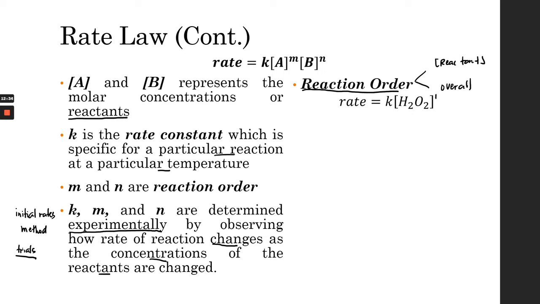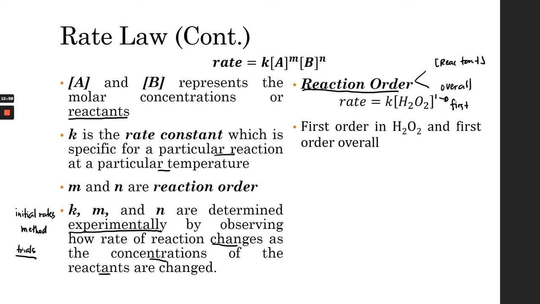Remember, any number that is raised to 1 is equal to that same number. So rate equals some constant K multiplied by H2O2 raised to 1. In this type of situation, we would say that we have a first order in H2O2. 1 basically means first order.